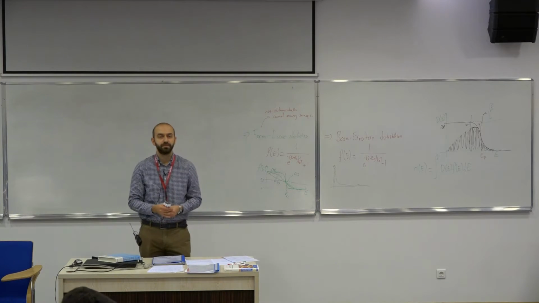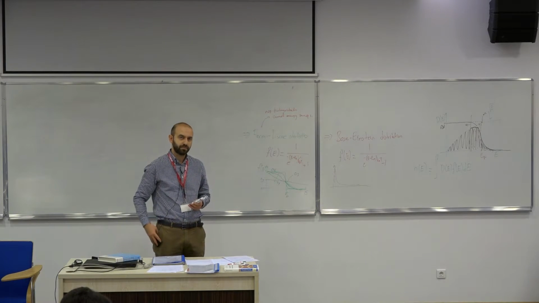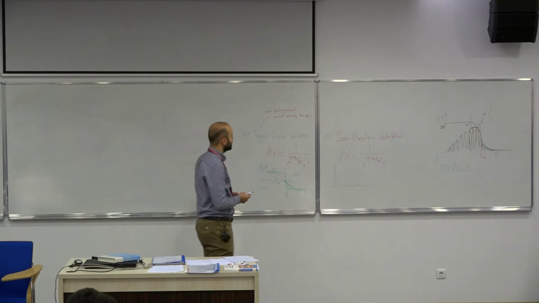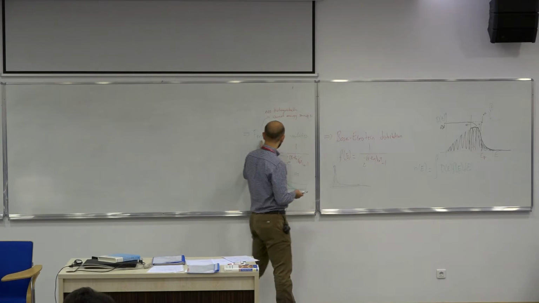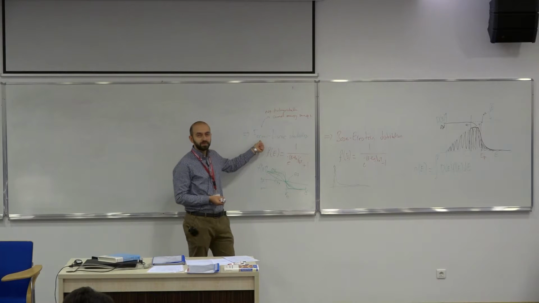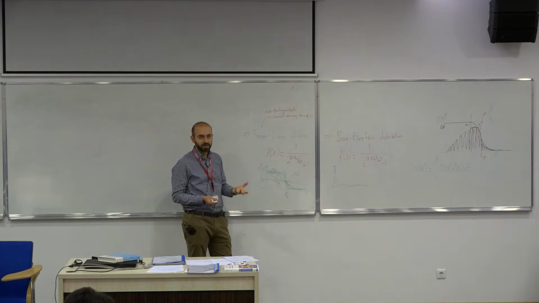Sure. For the integration, you use the Fermi distribution. Yes. Why not the other one? Now we are dealing with electrons, okay? So they are fermions and they have to obey Fermi-Dirac statistics. And we are treating them as quantum particles.